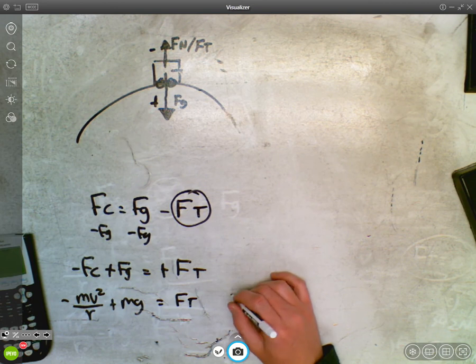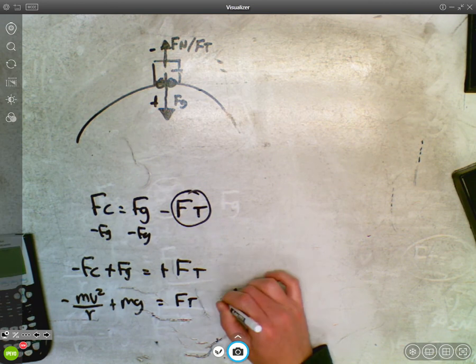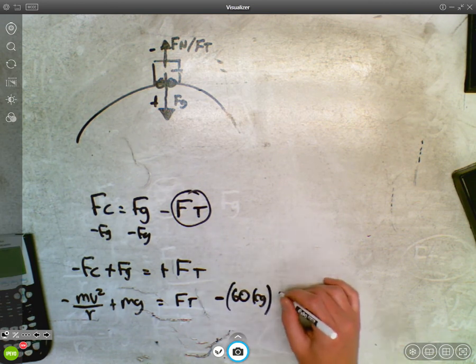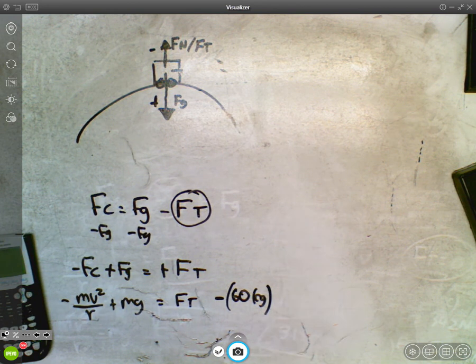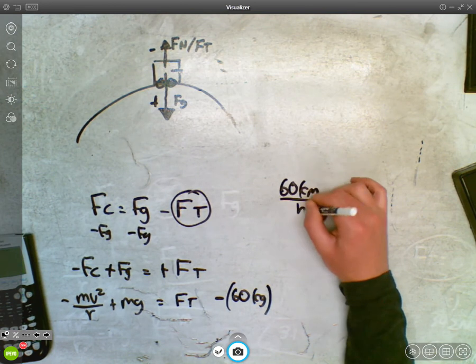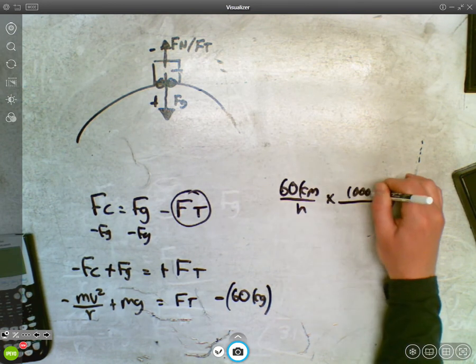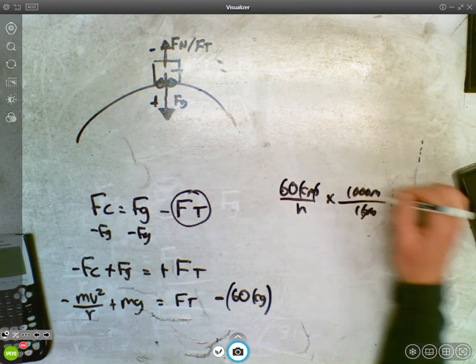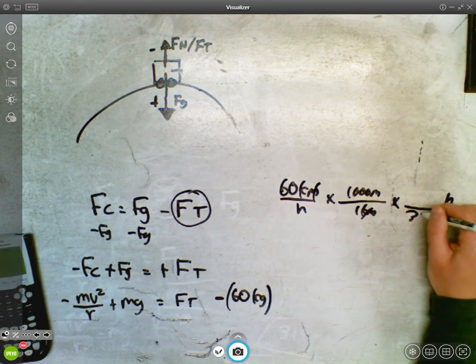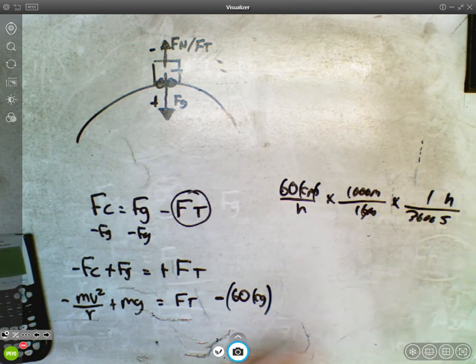So everything's 60 here, so it's a 60 kilogram object. I have to make that negative. My speed is 60 kilometers an hour. Ooh, it can't be 60 kilometers an hour because I need to be in meters per second. So I have to make that conversion. There's 1,000 meters in 1 kilometer, and there's 3,600 seconds in 1 hour.